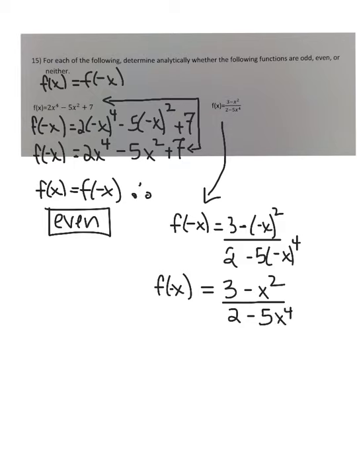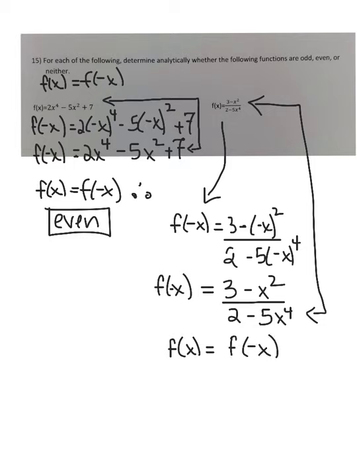Okay, so let's look at the original. Let's look at f of negative x, and let's see if they're the same. And do you see that they are the same? So we restate the rule. So f of x equals f of negative x, therefore even.